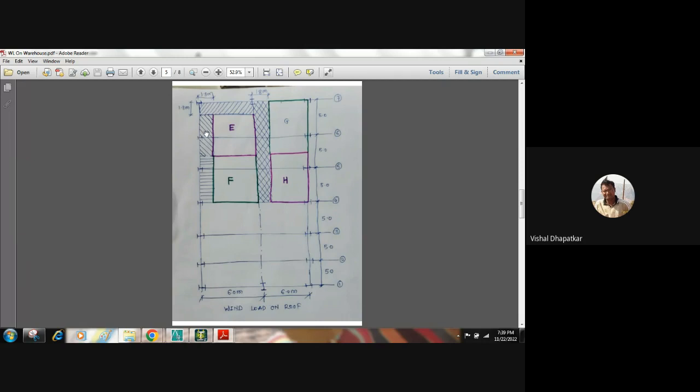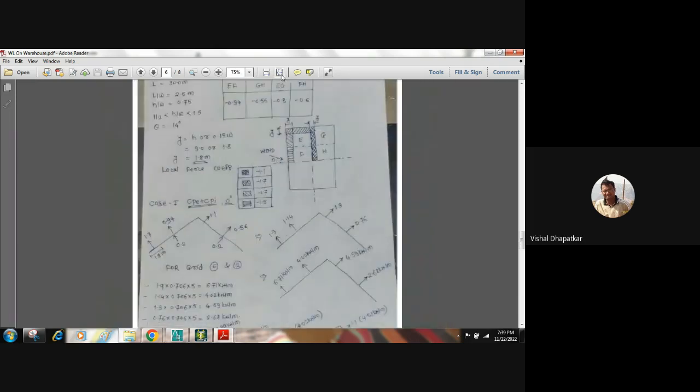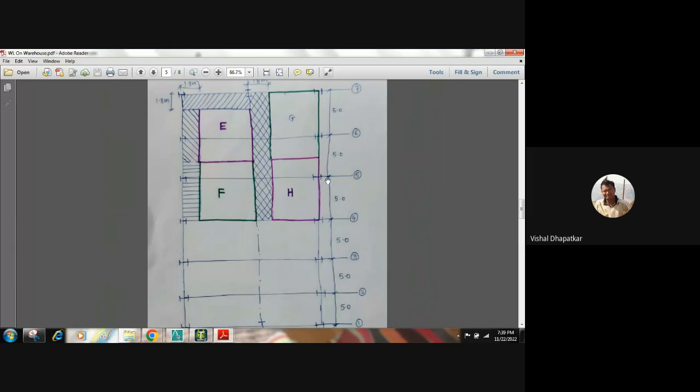So we have force coefficient of 1.7 for grid 2 and 6. Grid 1 and 7 will have the same pressure coefficient, that is again 1.7. And grid 3, 4, 5, these three grids will have the same pressure coefficient.